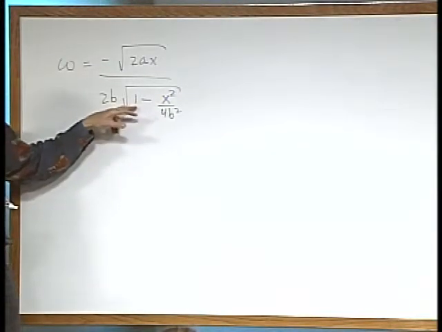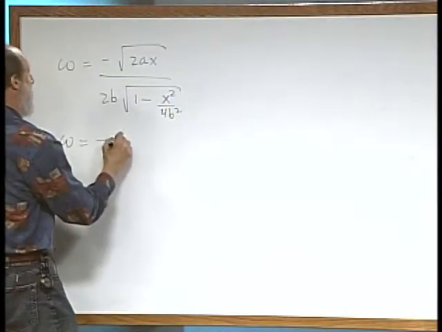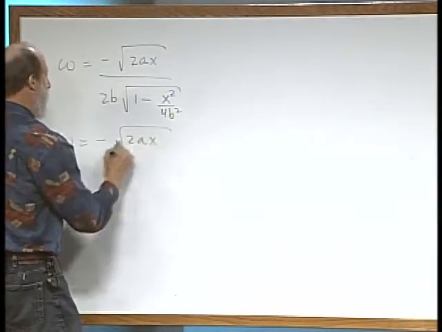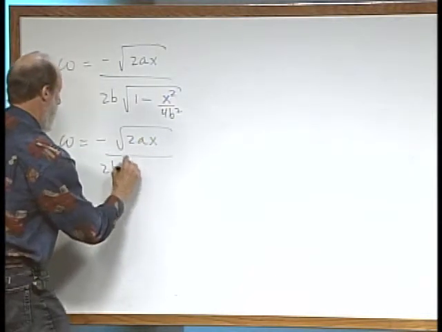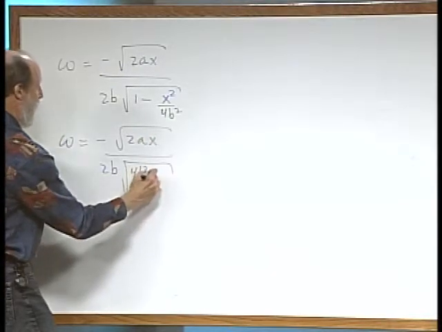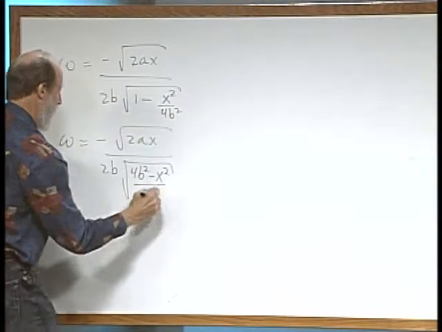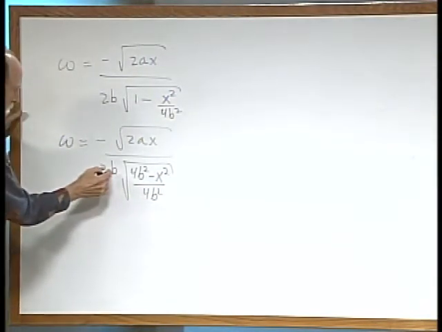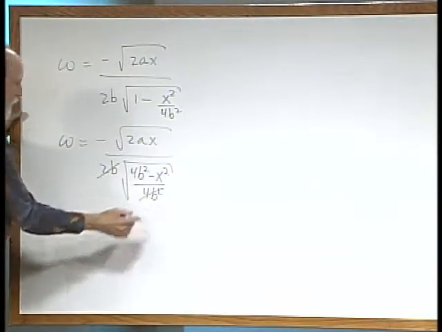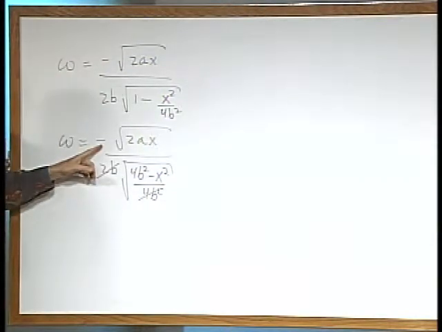And then what we'll do is tidy this up a little bit. Here we have a radical in the denominator. If we have a common denominator there, we could rewrite that as 4b squared minus x squared over the common 4b squared. But 2b outside the radical reduces out with a 4b squared inside. And we end up with the text answer excluding the negative.